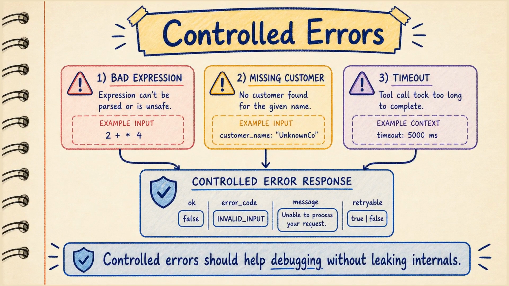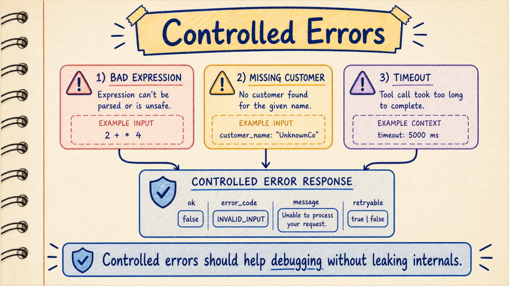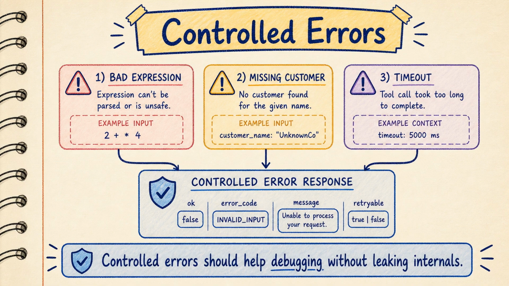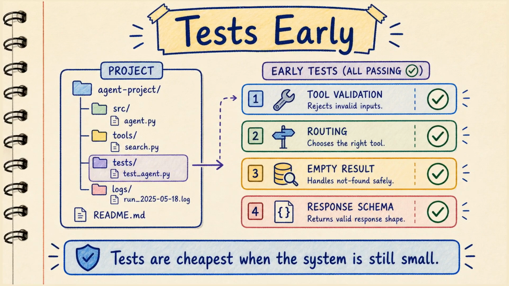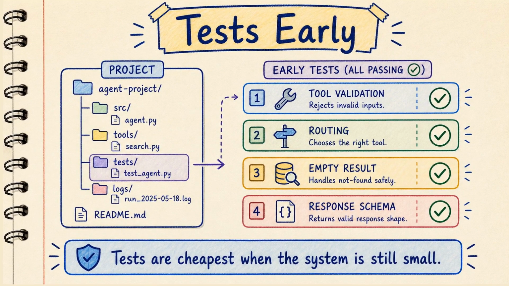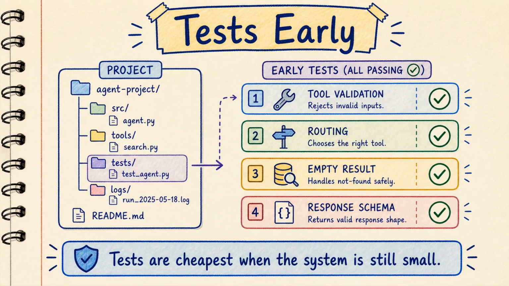Even in a first build, error handling matters. If a tool receives a bad expression, a missing customer ID, or a database timeout, the agent should return a controlled failure state with enough detail to debug but not enough detail to leak internals. Testing also starts immediately. Write unit tests for tool validation, orchestrator routing, empty lookup results, and the final response schema. These tests are cheap now and expensive later.